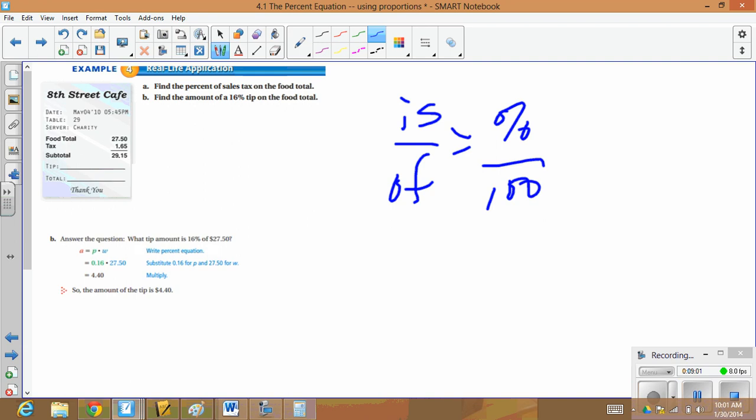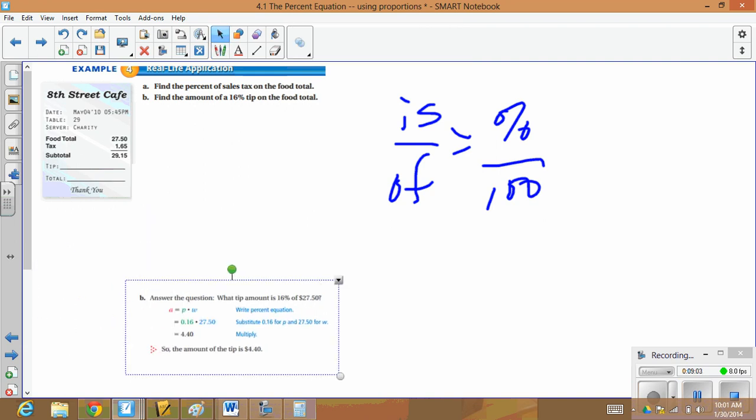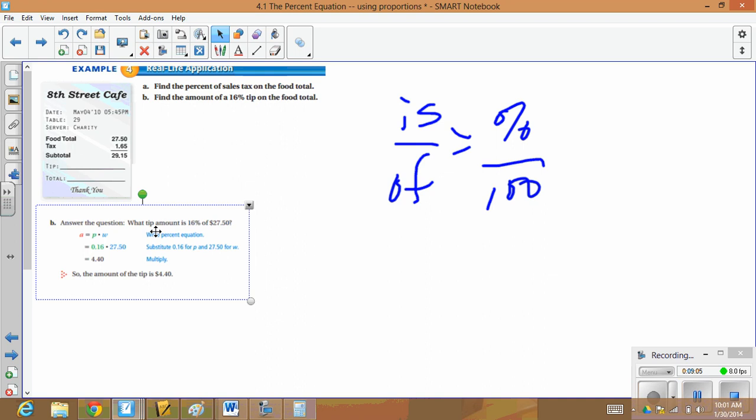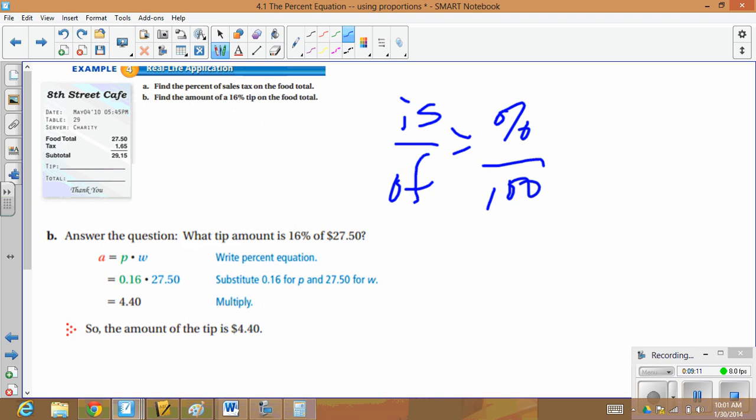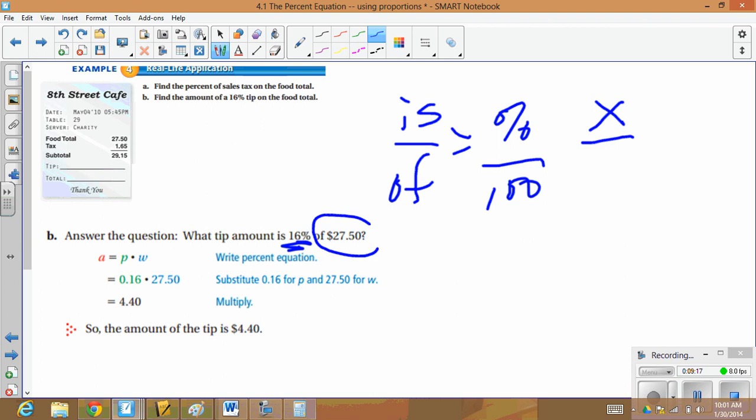Okay, taking a look. Do I know the part? This number here is a percent, so I don't know the part. So my "is" is going to be an X, my "of", or my total, is 27.50, equals, my percent is right here, 16, over 100.